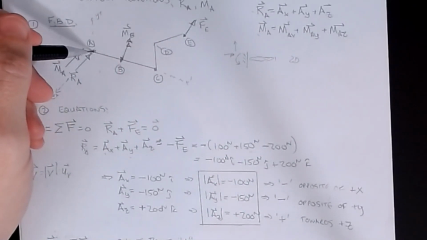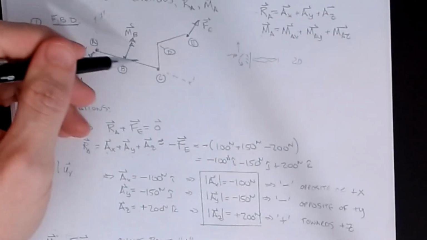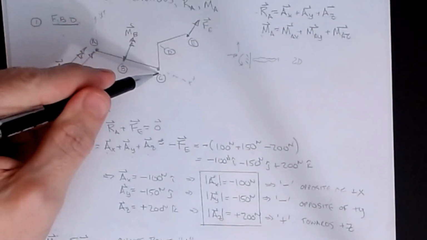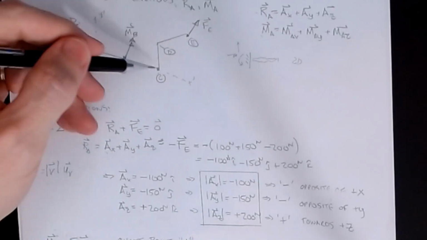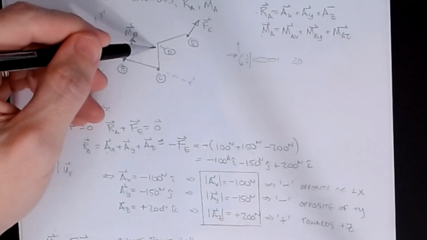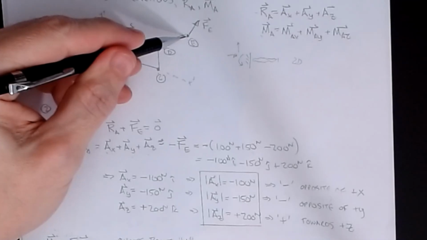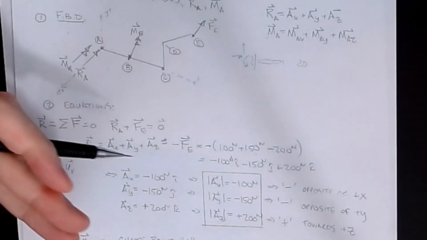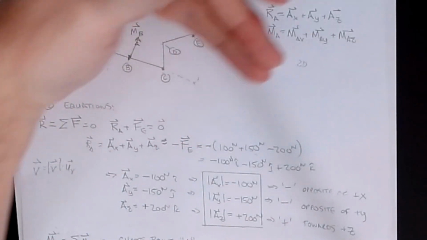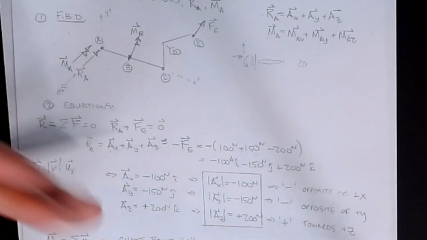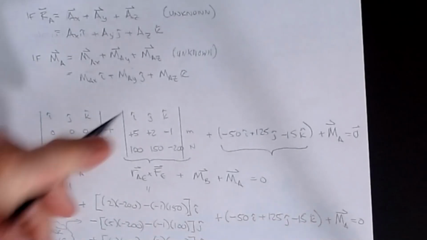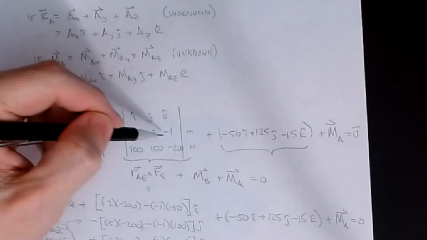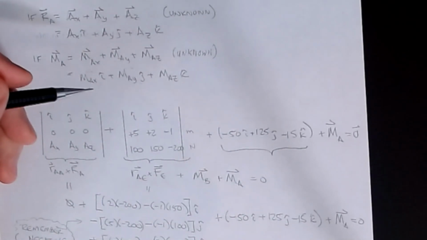The path I walk is down 5 meters in the X direction, up 2 meters in the Y direction, and over 1 meter in the negative Z direction. It's behind, because positive Z is on this side of X, and this one goes back the opposite way. I know the picture is not real clear, but that was my intent in this problem. So my position vector from A to E is +5, +2, -1.